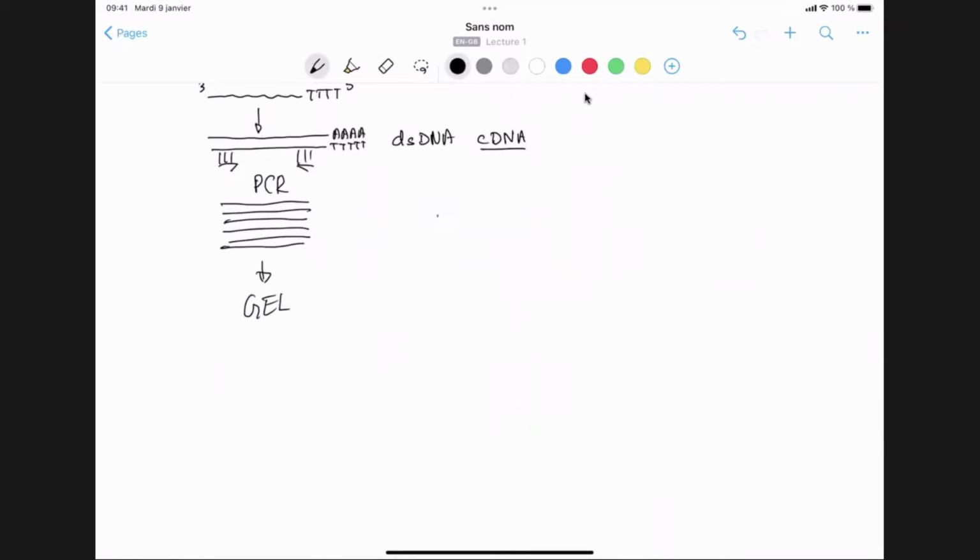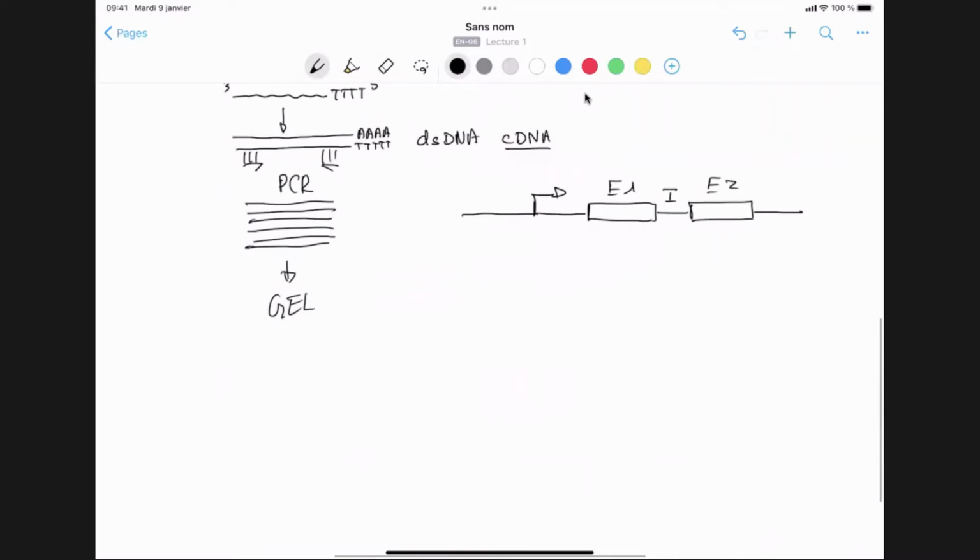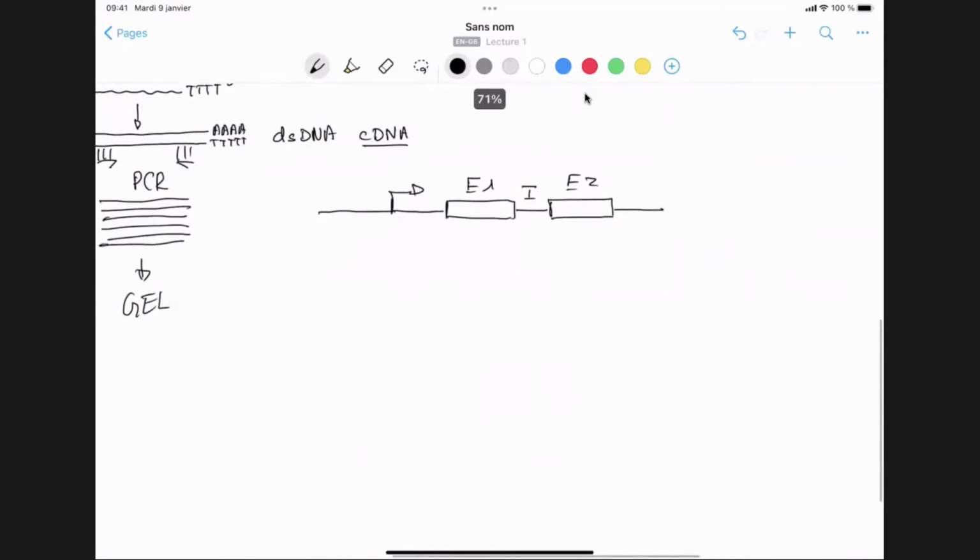I'm going to take a very simple example. Let's imagine that we want to monitor the expression of one gene that contains one intron. So two exons, exon 1, exon 2, and one intron. The messenger RNA will contain only the exons.